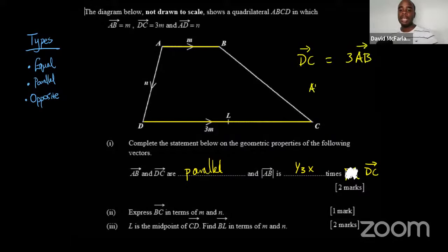So that means AB must be equal to a third of DC, because to get AB by itself, we divide by 3. So that's why we said that it's a third times DC. Everybody seeing that part? So you have to be very careful with what is where, and where we put the vectors, it matters. All right, express BC in terms of M and N.